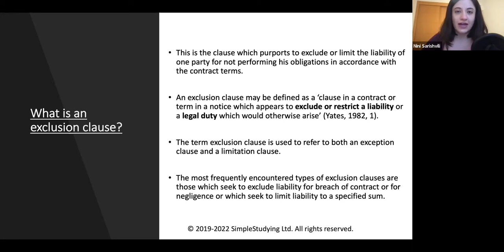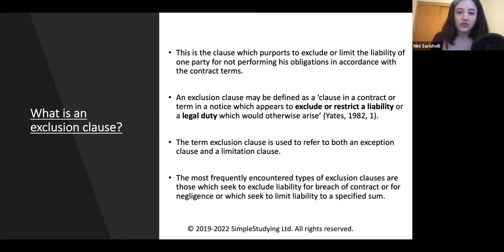Do the facts look like there is an exclusion clause? If so, why? Make arguments, and then make arguments as to the requirements of the exclusion clause. Are they satisfied by it? And then conclude, if most likely on the facts given, the exclusion clause would or would not exist.